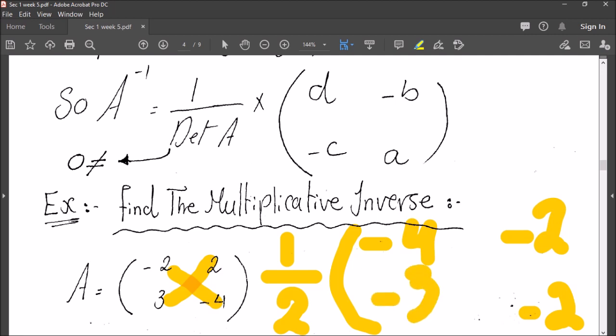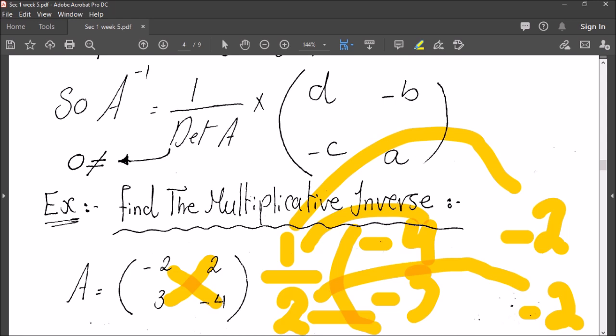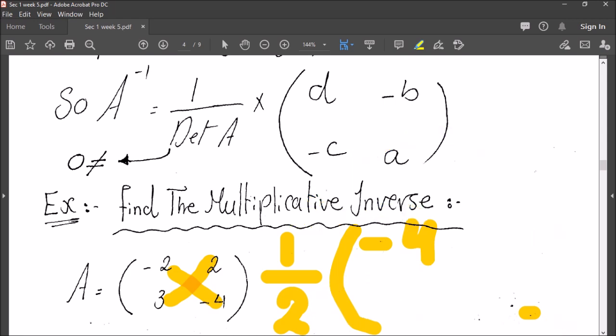And then we multiply half by negative 4, half by negative 2, half by negative 3, sorry, and half by negative 2. Let's see it in proper handwriting.